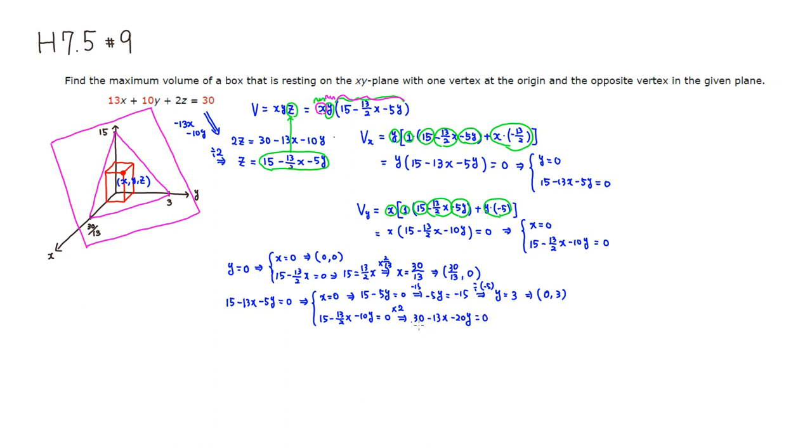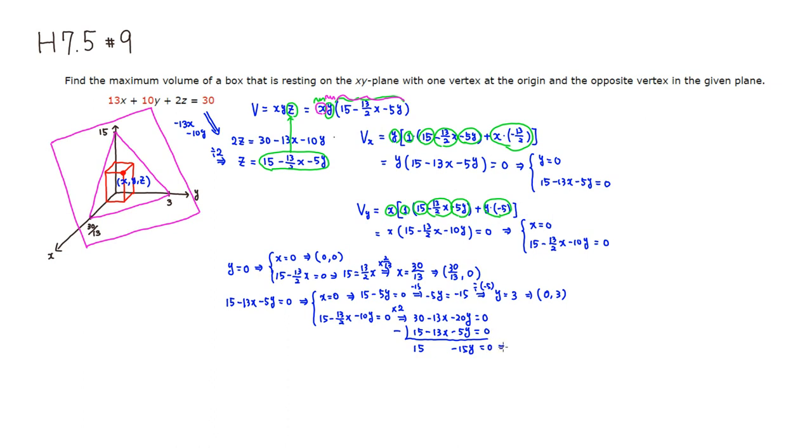Then I'm going to subtract the first equation here, 15 minus 13x minus 5y is equal to 0. So 30 minus 15 is 15. Negative 13x minus negative 13x is 0. Negative 20y minus negative 5y, so adding 5y, gives negative 15y. So it's going to be negative 15y is equal to 0.